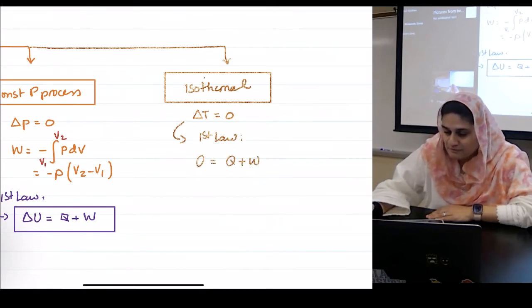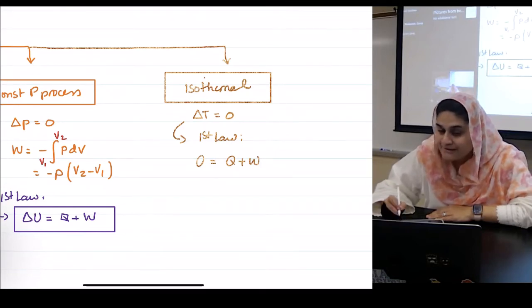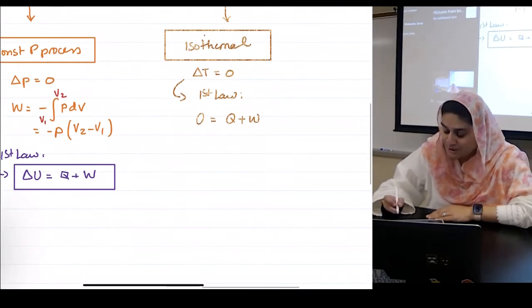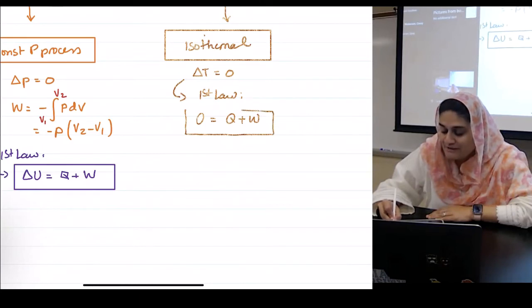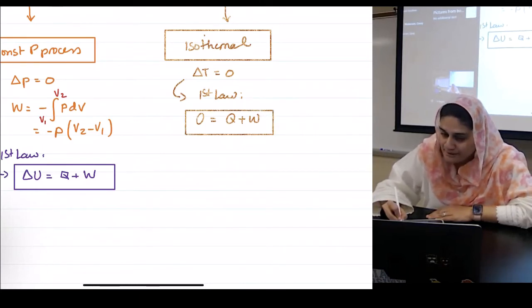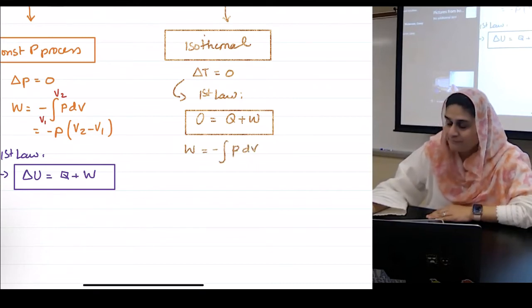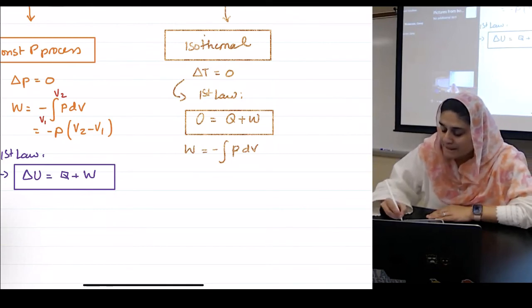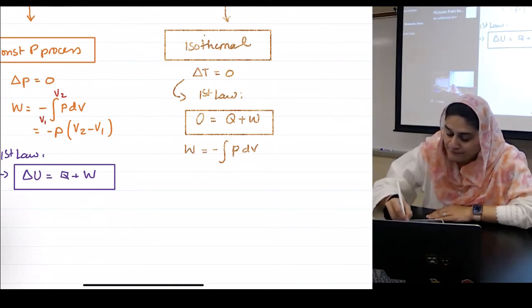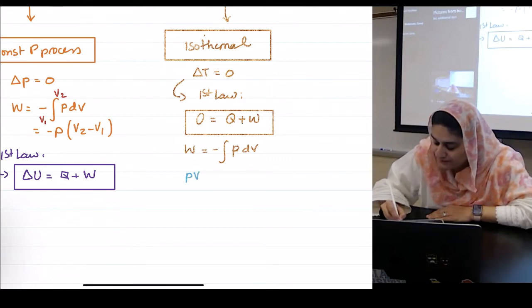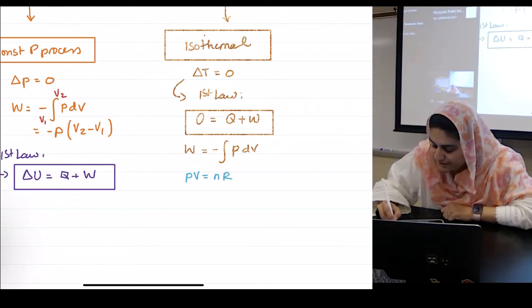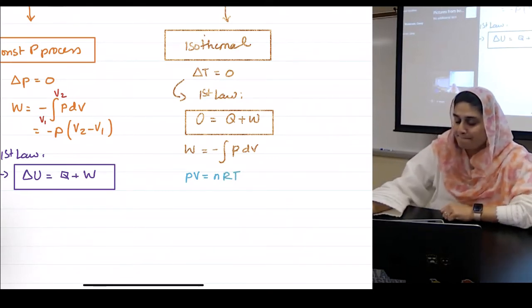Now, for the ideal gas, in this situation, we can't just leave it here. W actually equals negative P dV. Okay? And from our ideal gas law, we know PV equals nRT.